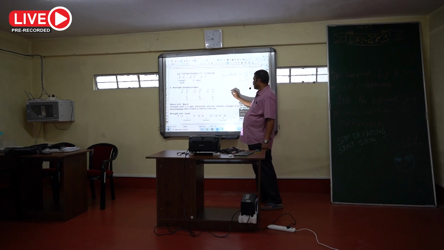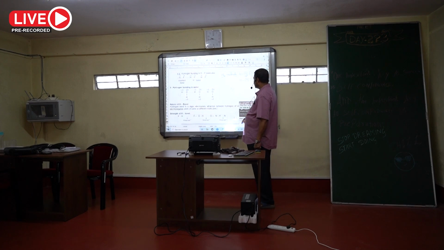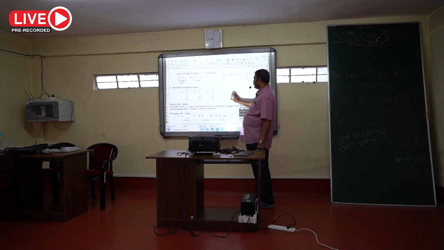So when 2 nitrogen atoms are going to form a bond, here it is total 5 electrons, or you can say 2, 3. 2 here, 3 here, or overall 5 electrons.